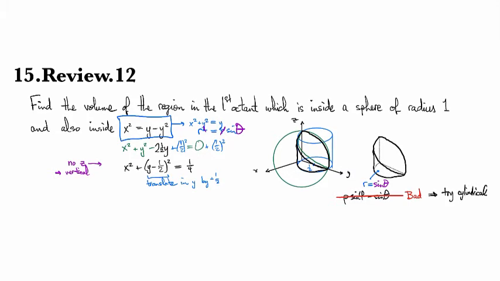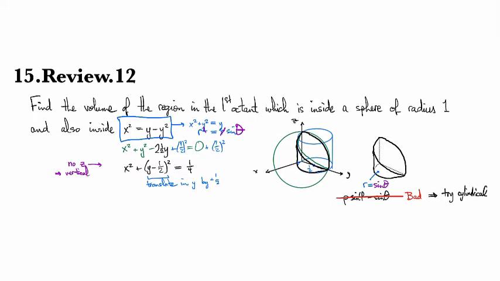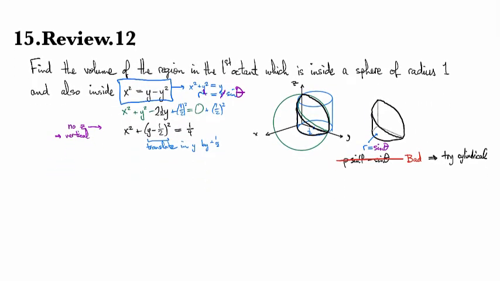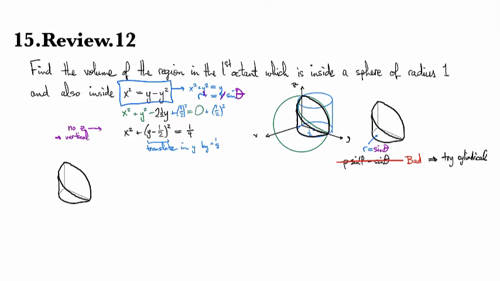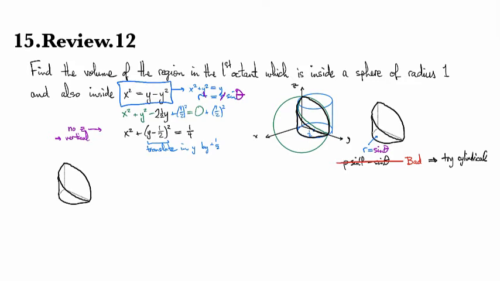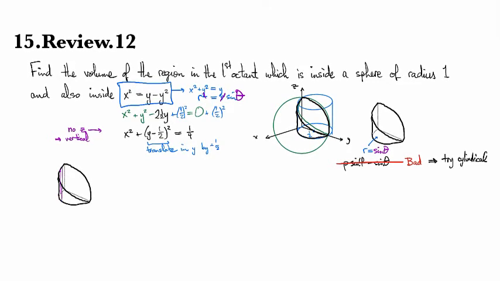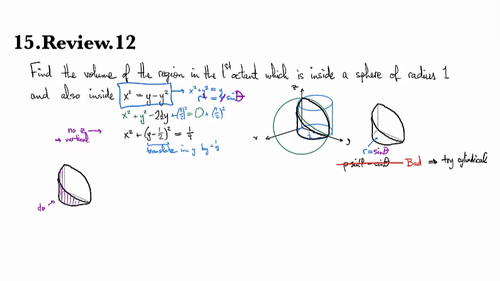Okay, so to set up this region in cylindrical, let's get a fresh start over here on the side. Let's do dz first. This looks like it's got parallel vertical sides, right? So these sides all look like they're part of a cylinder, so dz first sounds like a good idea.